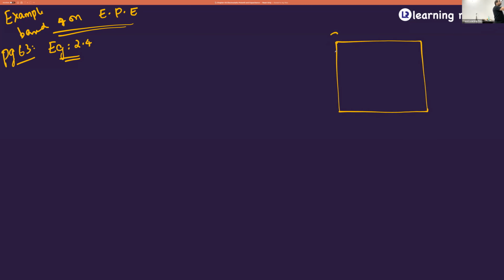So page 63, example 2.4. Read that question. There are 4 charges, right? How are they placed? Corners of a square. So there are 4 charges which are placed at the corners of a square.